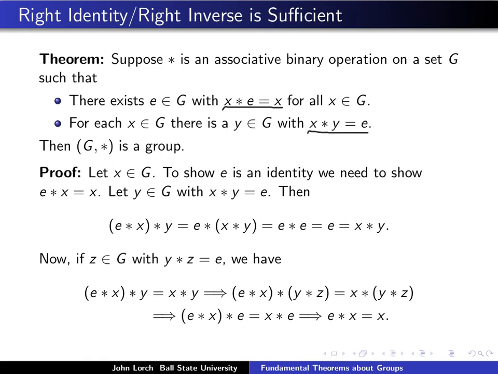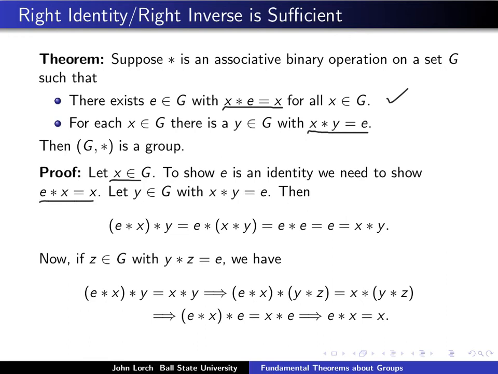Okay, so the first thing we're going to do is show that this right identity here is actually a two-sided identity. So we start with an element in our group, and we already know that x times e is equal to x. What we want to do now is show that e times x is equal to x.